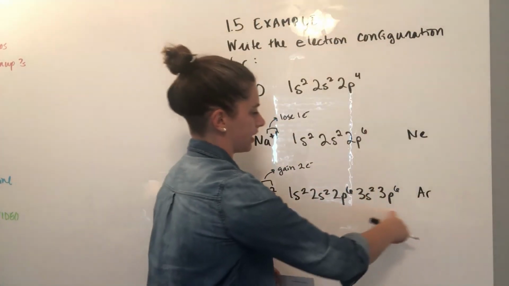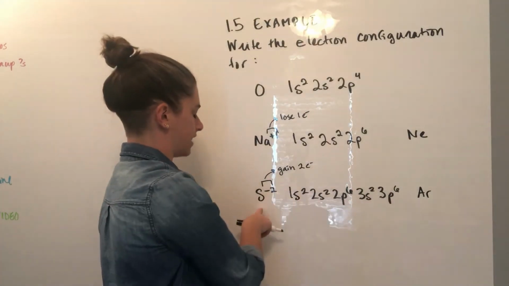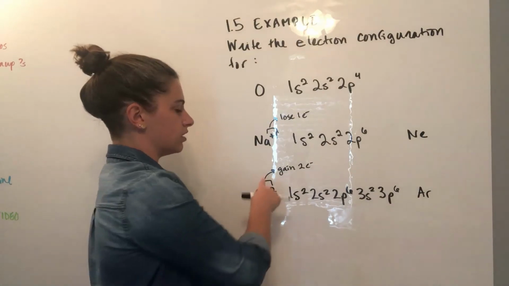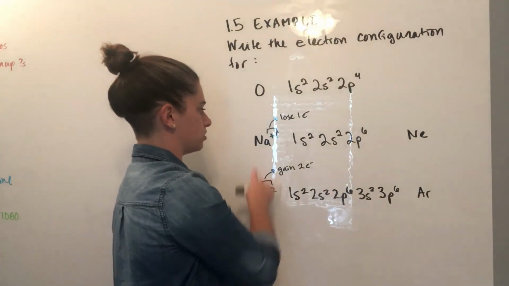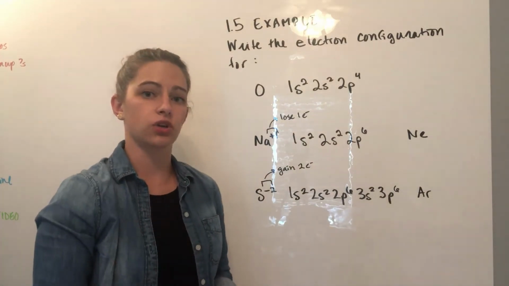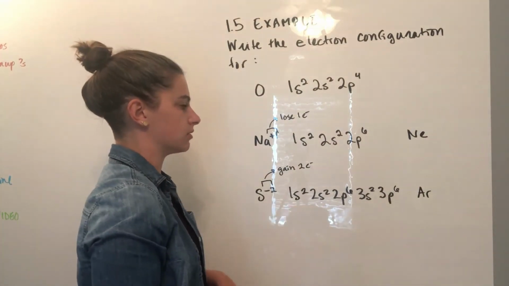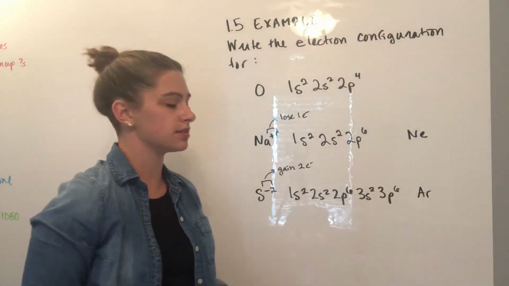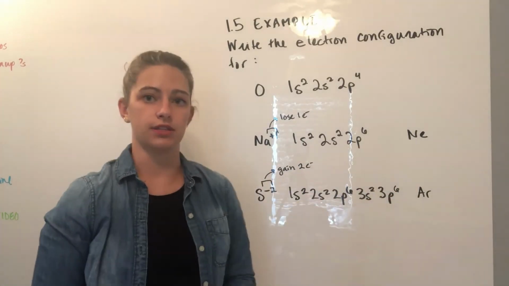So this electron configuration, while it matches sulfur minus 2, it also matches argon. So we can use the electron configurations to go between, and that's what we mean when we talk about things that are isoelectronic. They have the same electron configuration, but they might have different protons and neutrons, which makes them different elements, but their electrons are the same.